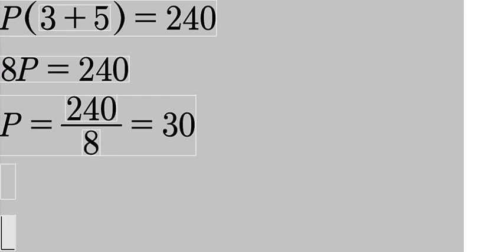Now we solve for quantity, that is the equilibrium quantity, whereby when you substitute P equal to 30 in either of the first two equations, maybe in QS equals minus 20 plus 3P, and evaluate, we shall have a quantity of 70.